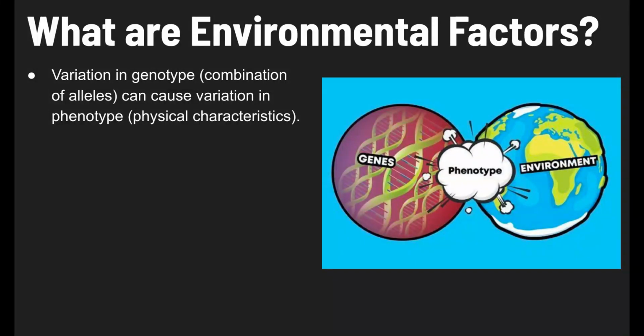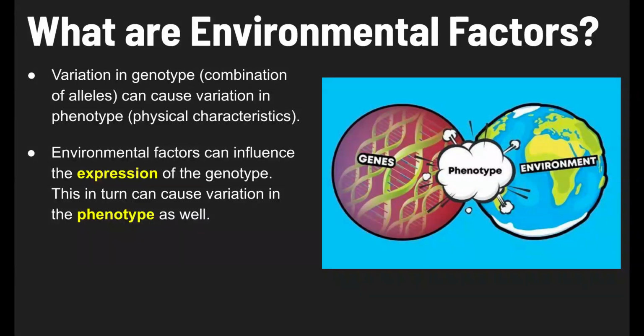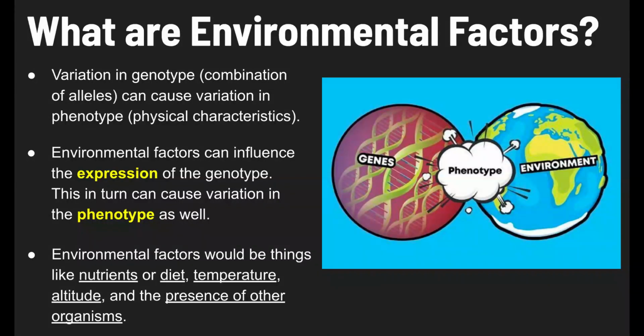But now we want to talk about how environmental factors can influence the expression of the genotype. And changing the expression of a genotype can cause variation in the phenotype as well. Environmental factors would be things like nutrients or diet, temperature, altitude, and the presence of other organisms.